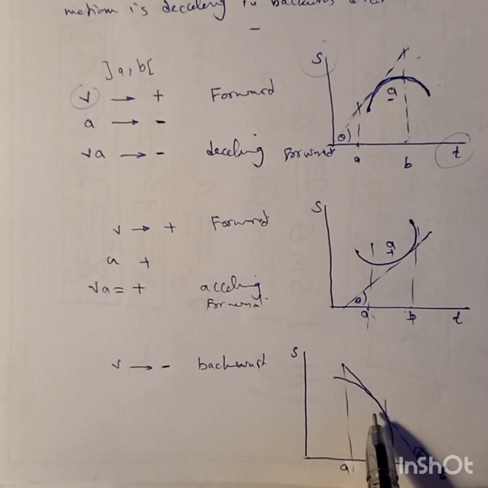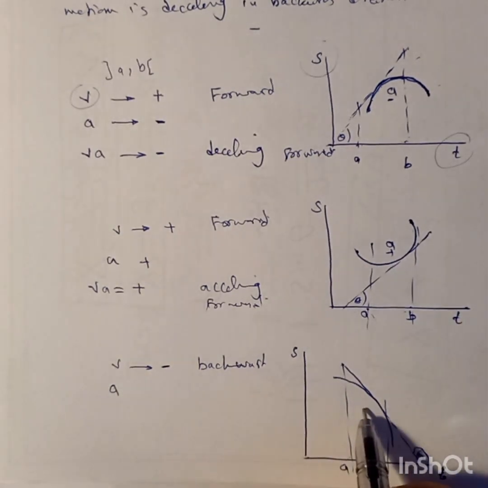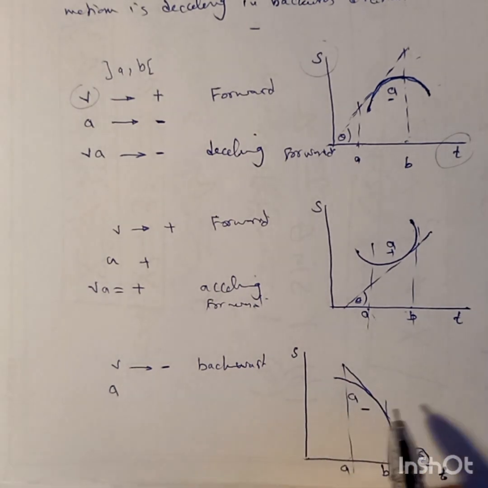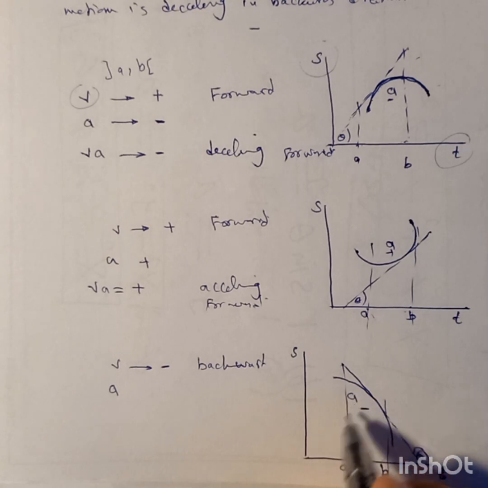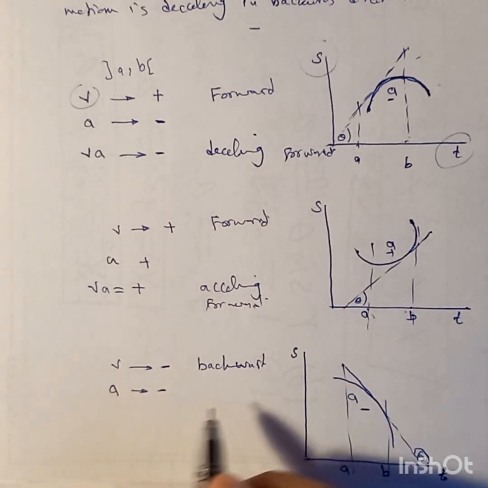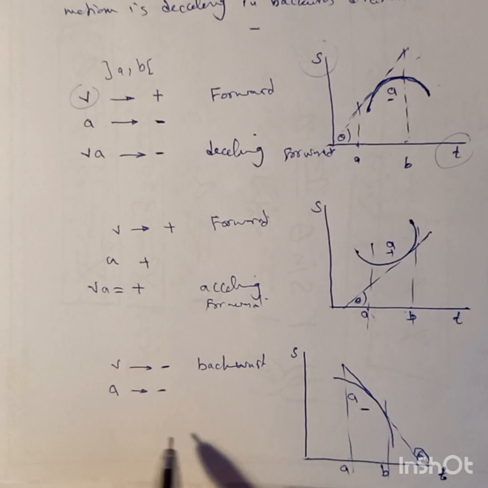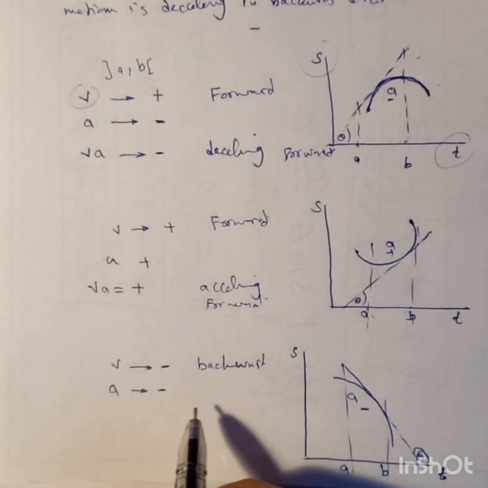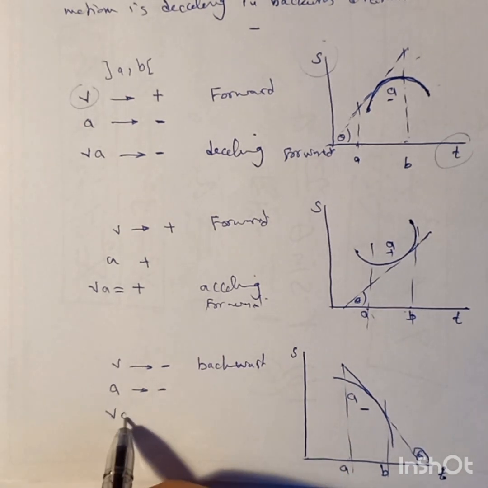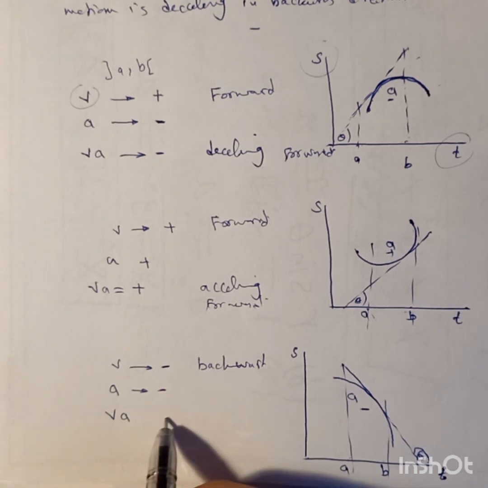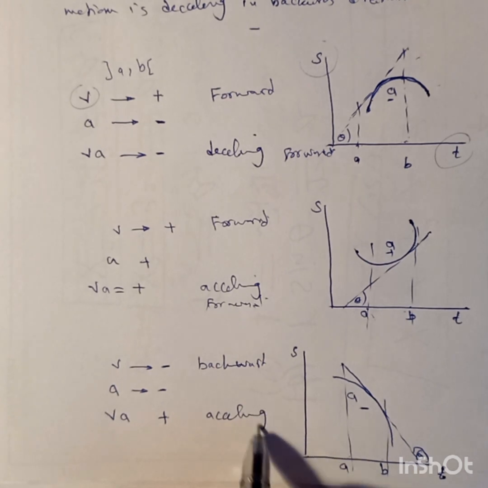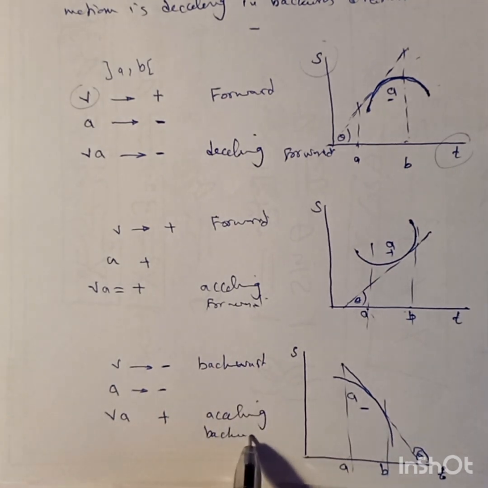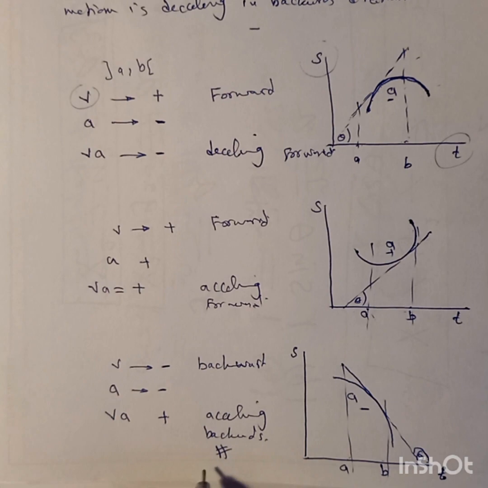For acceleration here, it is negative, as the curve is convex upwards, as we explained. To find the type of motion, if it's accelerating or decelerating, we have to multiply V and A. VA equals positive, then the motion is accelerating but in backwards direction, okay. This is for the last curve.